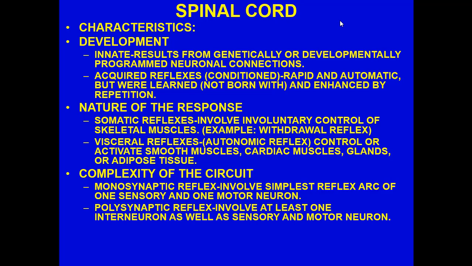Well, there's smooth muscles in the iris, and as the light increases, certain muscles will contract and they will reduce the aperture, the size of that pupil. Now that's a visceral reflex. It's automatic.